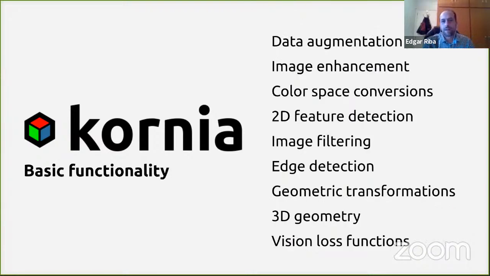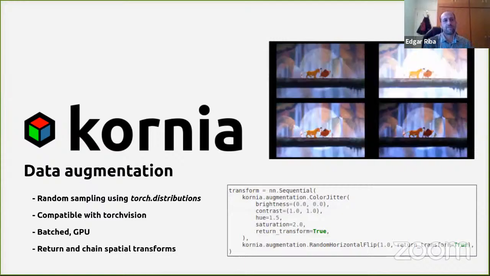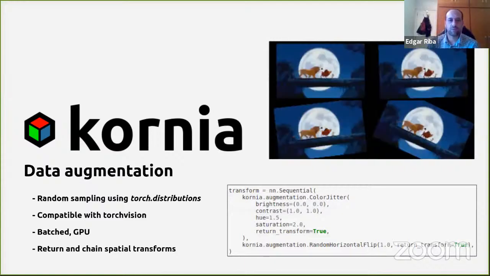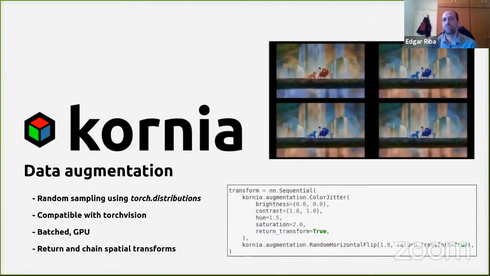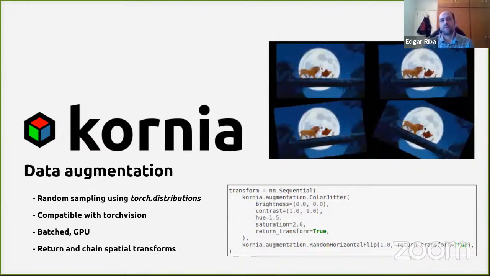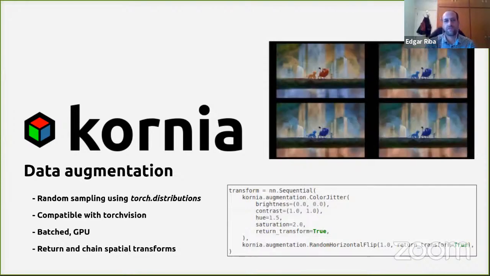So now I'm going to present the different functionalities we have in Kornia. As every computer vision library, it's split into more or less the different big areas in computer vision. For example, we have a module for data augmentation, which basically makes use of the Torch distributions package to sample different random distributions to apply on the images.